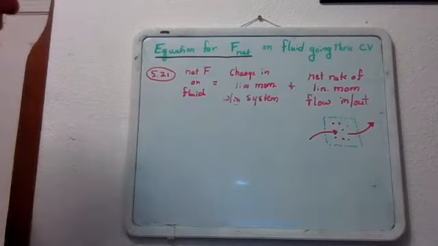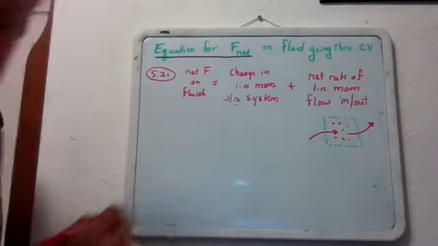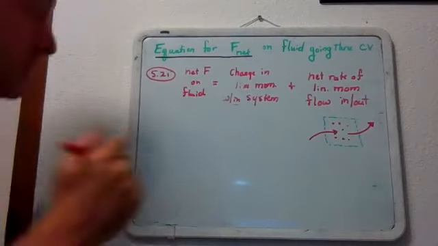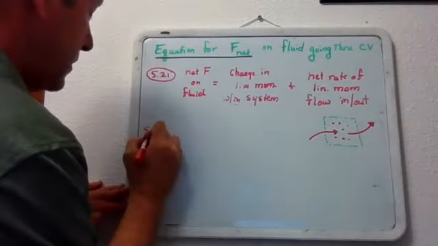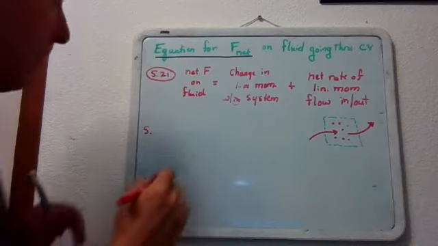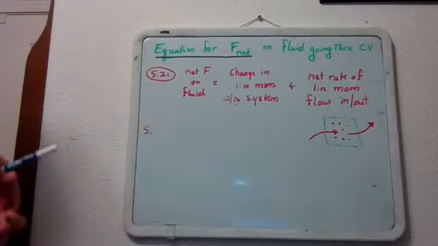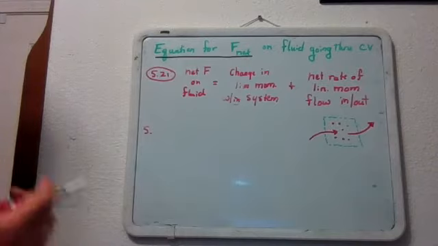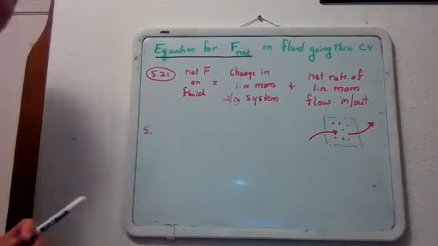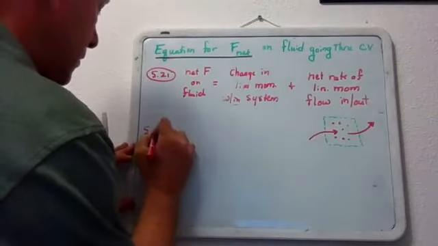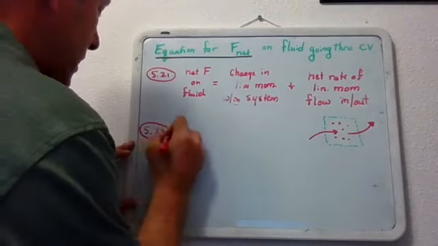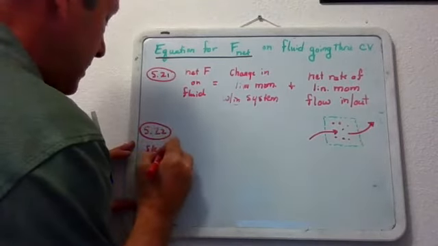But what we're going to do in our class is steady state. The mathematical expression of this is pretty complicated because it involves some good integrals. But 5.22, we can express if we assume we're at steady state.